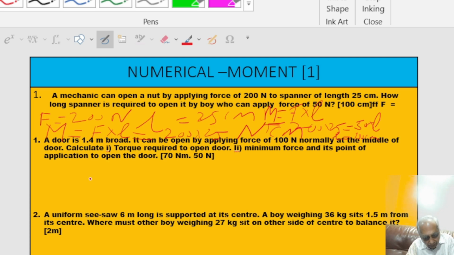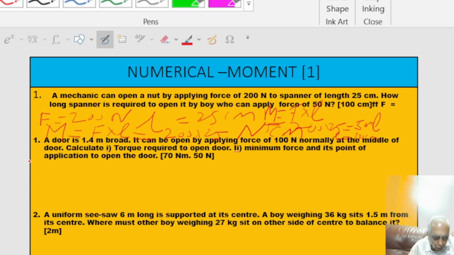Now again M is equal to F multiplied by L. If we apply a force of 50 Newton, then put the value of M as 200 into 25 equal to 50 into L and get the value of L. Is it alright?